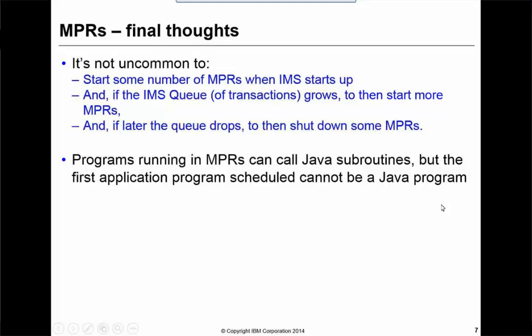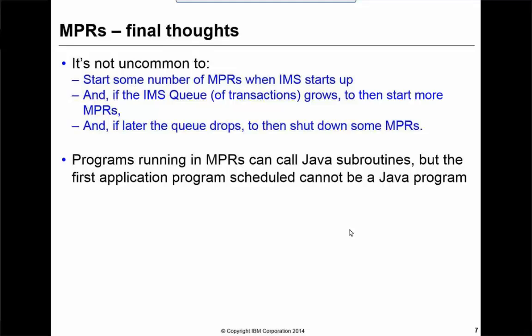Some final thoughts on NPRs. It's not uncommon for an IMS shop to start up some number of NPRs in the morning when IMS starts up. And then, if the queue of IMS transactions is growing and the queue is getting longer and longer, operations may start up some more NPRs. It's kind of like when you go into a bank, right?